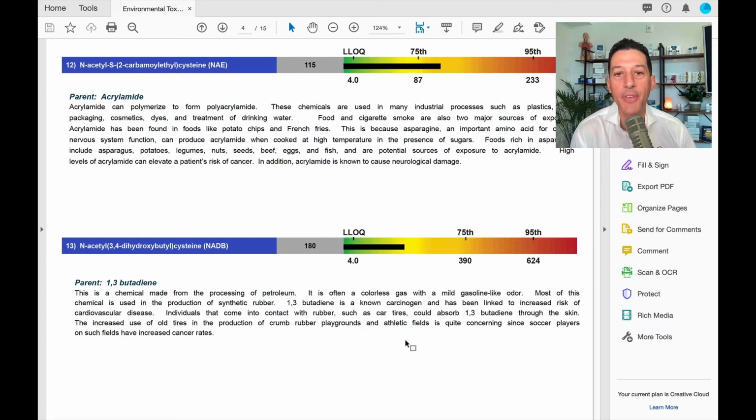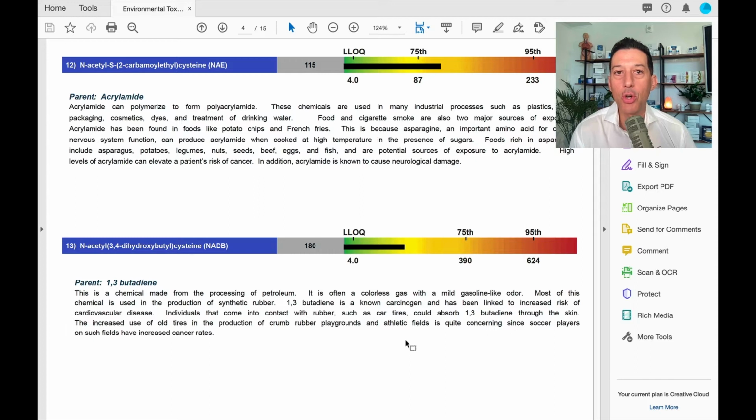This person's quite elevated. They're way past the 75th percentile, so they show you kind of where you fall. Yes, this one can be from cigarettes, and it can be from cosmetics, and it can be in drinking water, by the way, which is why hopefully you've checked out my podcast on testing your own drinking water. It can be from plastics, but honestly, we see acrylamides the most from burnt meat or burnt veggies.